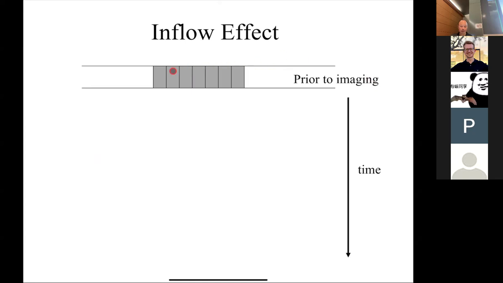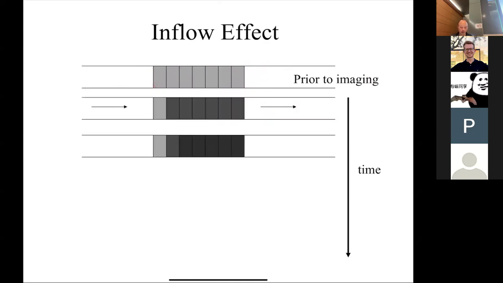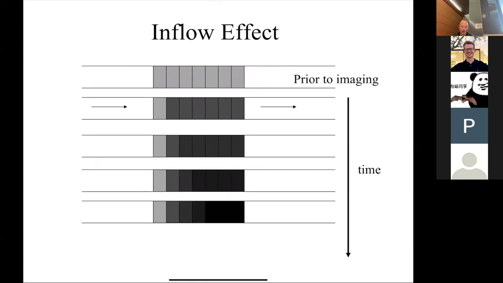Imagine I have basically some spins here, okay? And as they're flowing in, essentially, and I'm applying my RF pulses here, I apply RF pulses here.